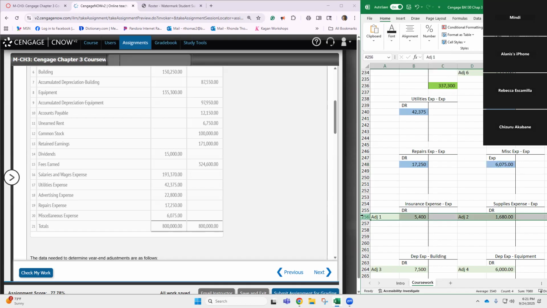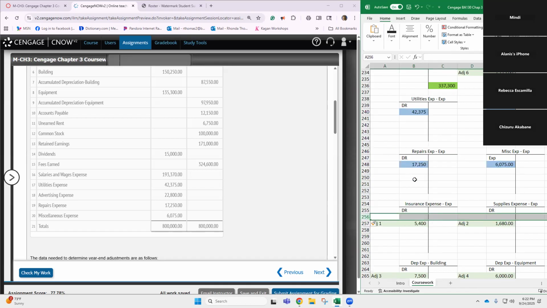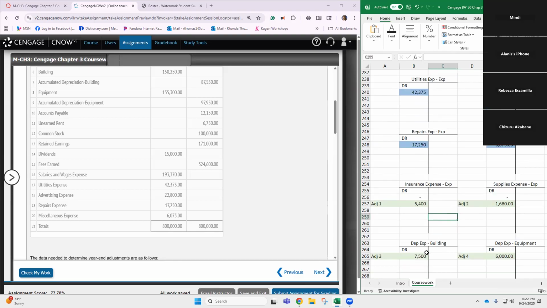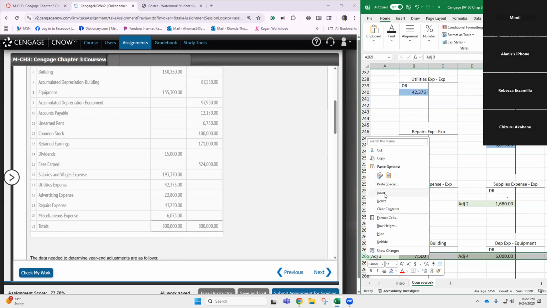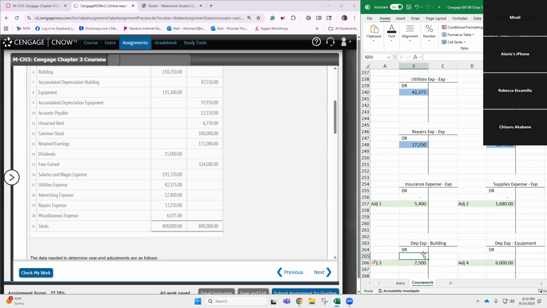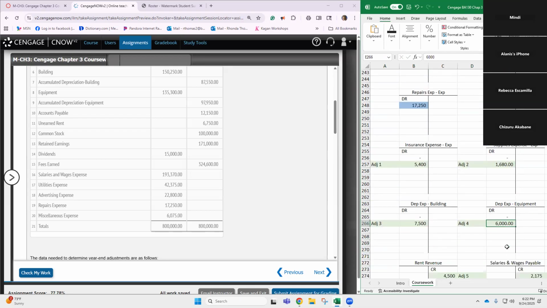I'm going to insert 0 here. We have a 0 in insurance expense and a 0 in supplies expense. There was nothing in those accounts until we make an adjustment. The depreciation expense, there's one for the building and one for the equipment. Let's put zeros in those too. So we start with a 0 balance.